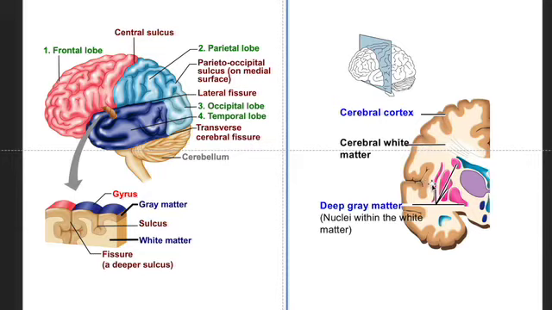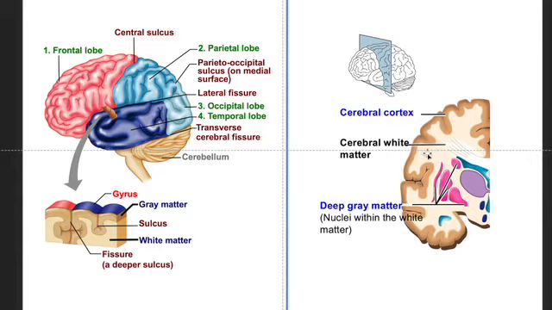These layers on the surface are called the cerebral cortex. Just like you learned in the kidney, the cortex on the surface, the medulla down deep. So cerebral cortex out here on the surface. In the cerebrum, it's different than the rest of the nervous system in that you see the gray matter on the surface. So this is the gray matter, and that means you're going to have cell bodies there.